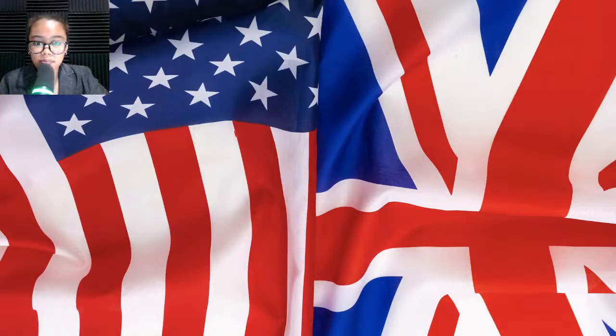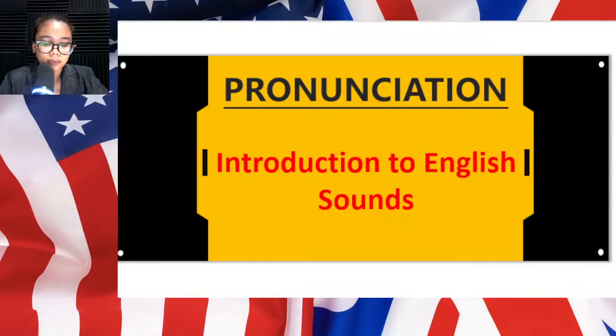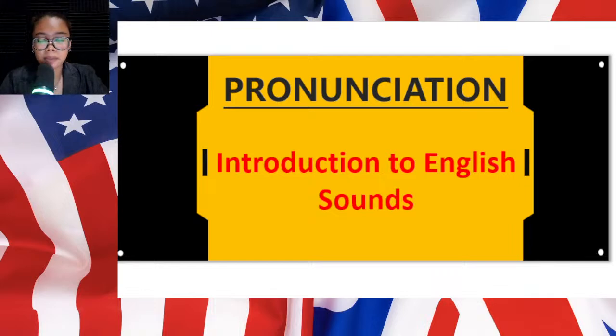We will use simple, familiar words as examples to introduce basic IPA symbols if possible. I'm going to introduce you to everything about the IPA symbols because they are a very important part of pronunciation, not just in the English language, but in all languages.